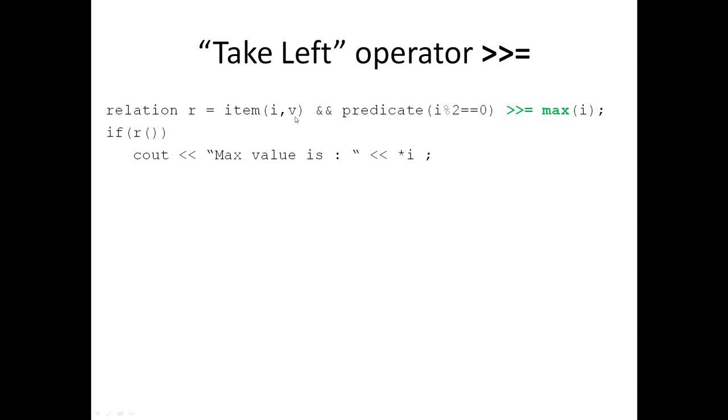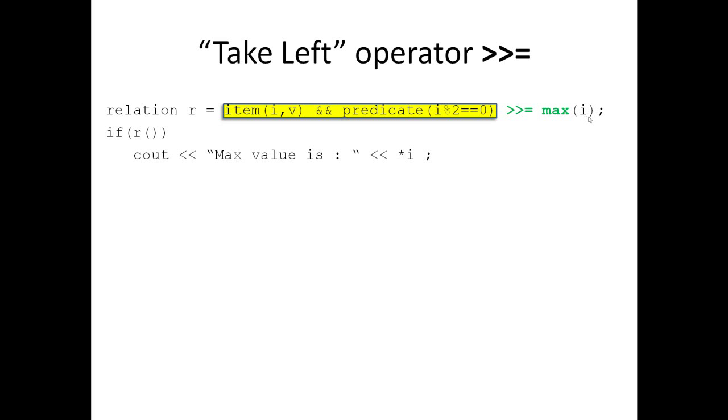Here v is a logic reference to a vector. This expression to the left of the take left operator is itself a relation which is generating all even numbers in the vector. And then we proceed to feed it to the TLR max, which will give you the largest I.